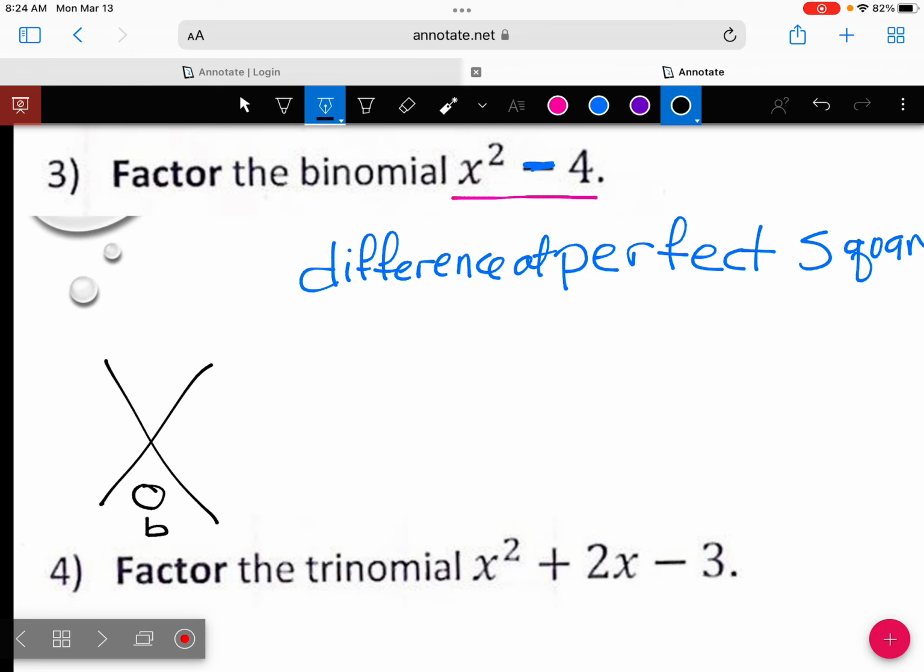Our top, A times C: A is 1, C is -4, so A times C is -4. So then what we're going to think about: I need a pair of numbers that multiplies to be -4 and adds to be 0. -2, +2.